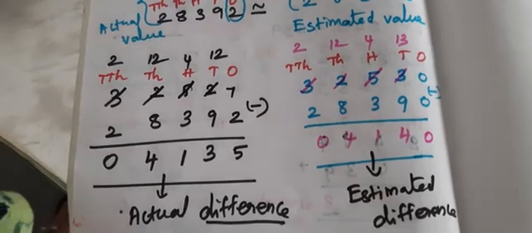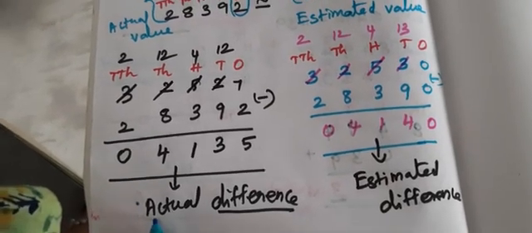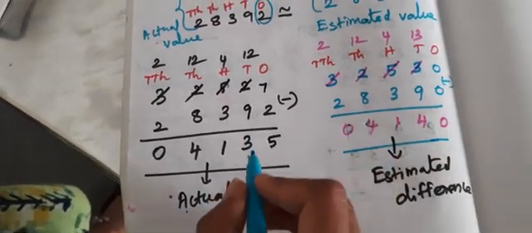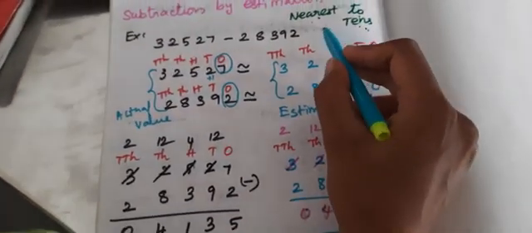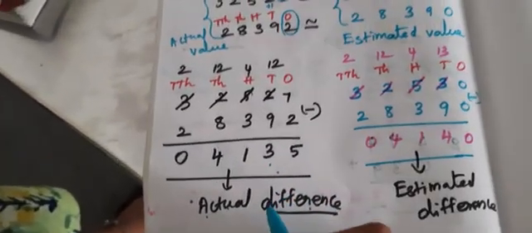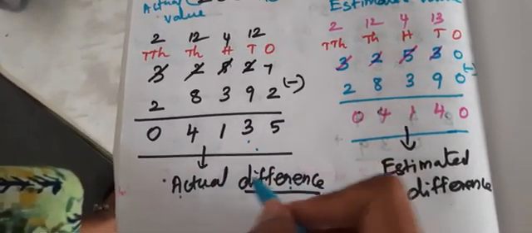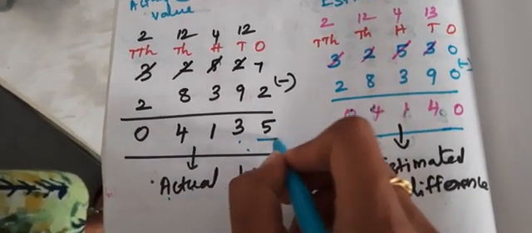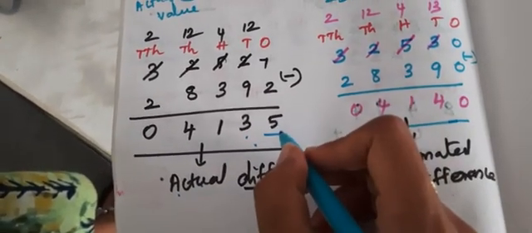How will you check the answer? Okay, see here, in the actual difference answer, we have to apply the nearest to tens concept. Nearest to tens means which digit we have to observe? Yes, ones digit. So what number is in ones digit?